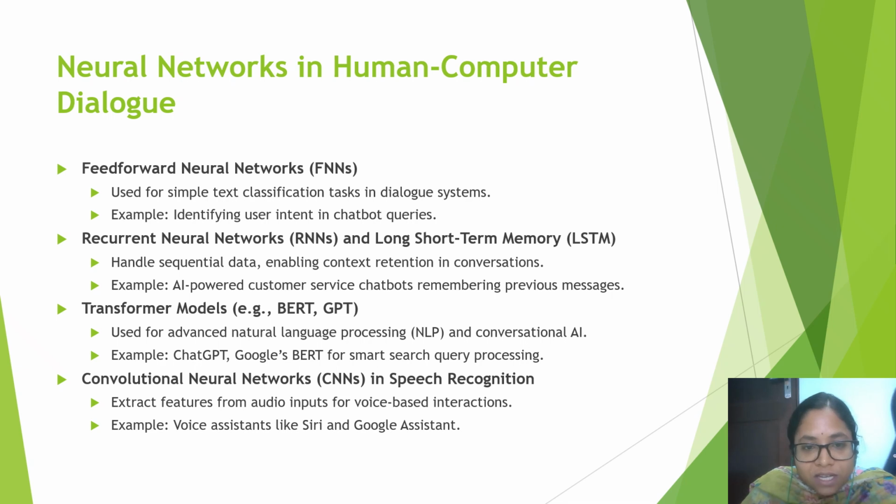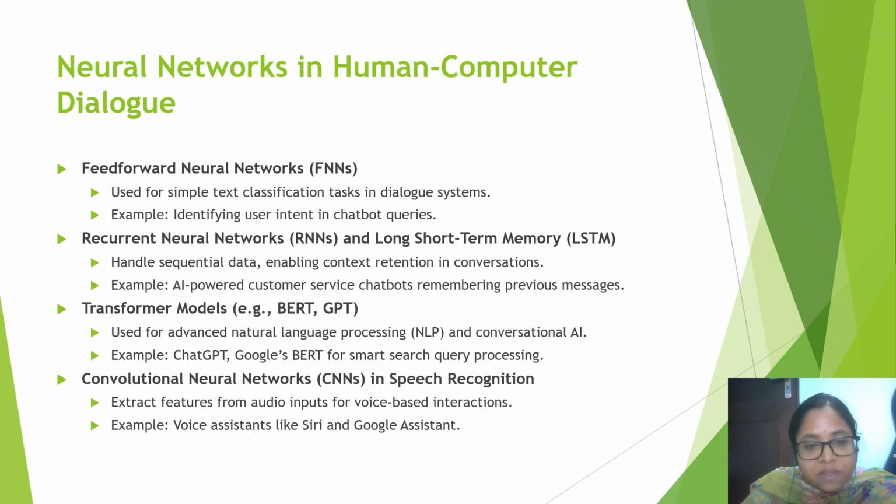The second one is recurrent neural networks, called RNN, and long short-term memory, LSTM. We can use this network to handle sequential data, enabling context retention in conversations. Example: AI-powered customer service chatbots remembering previous messages.